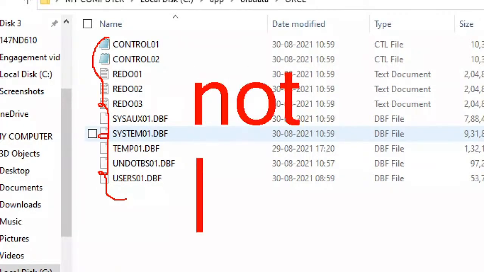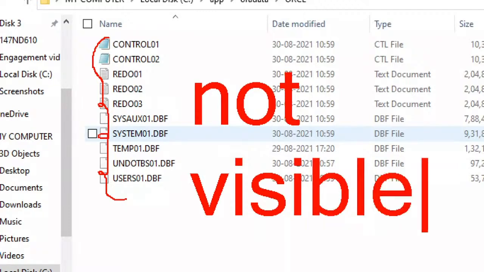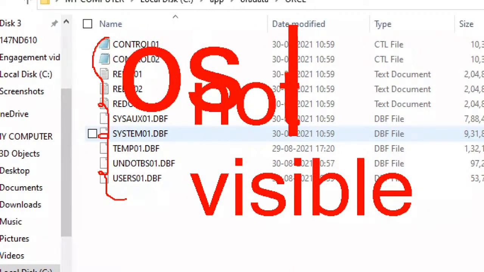This is not visible. That's why a structure which is not visible in the operating system, the OS, is called a logical structure. Very, very important. Tables are not visible in the C drive, D drive. Views are not visible in C drive, D drive, E drive. Indexes, functions, procedures are not visible. They are visible in a database, I agree, but not in the operating system.